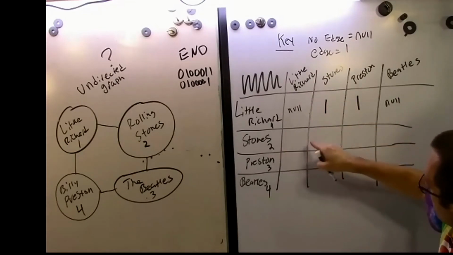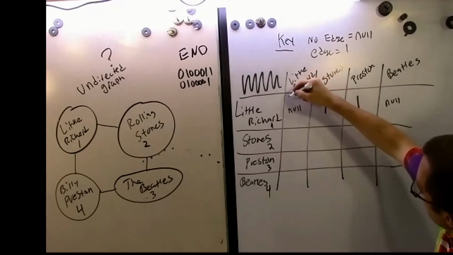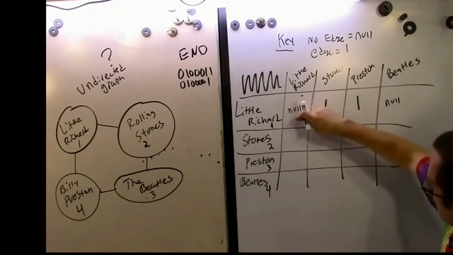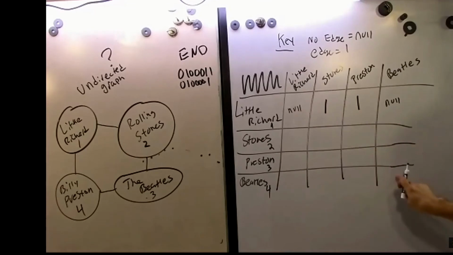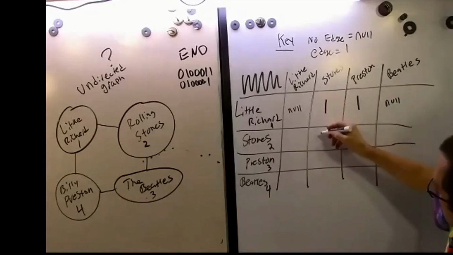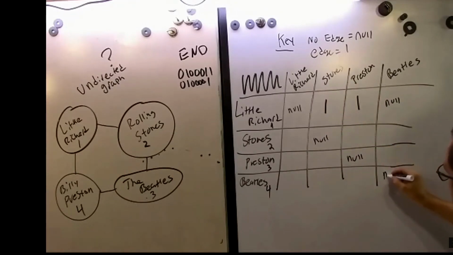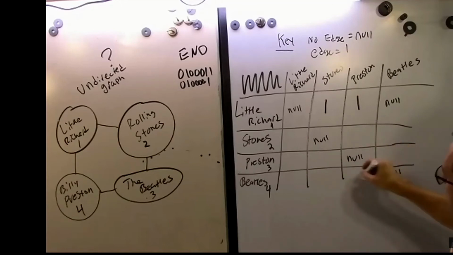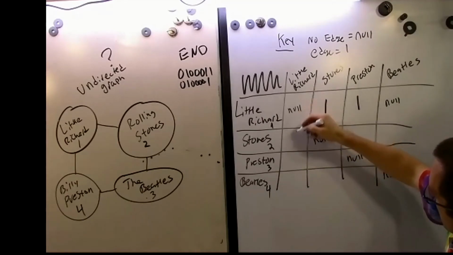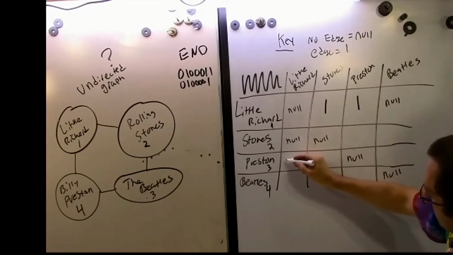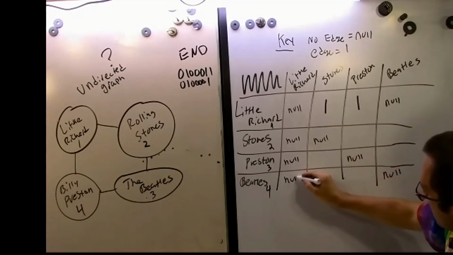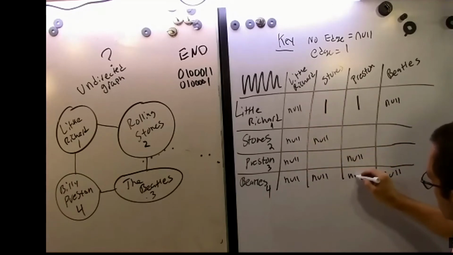So we will say that all of these are not connected to themselves. And then because it's an undirected graph, we will put nulls in these, and I'll explain why in just a second.